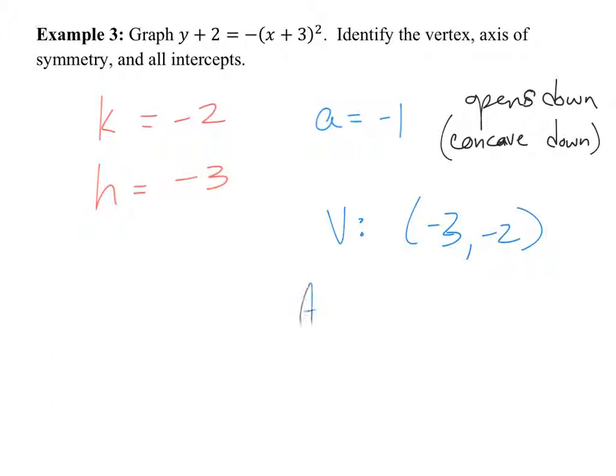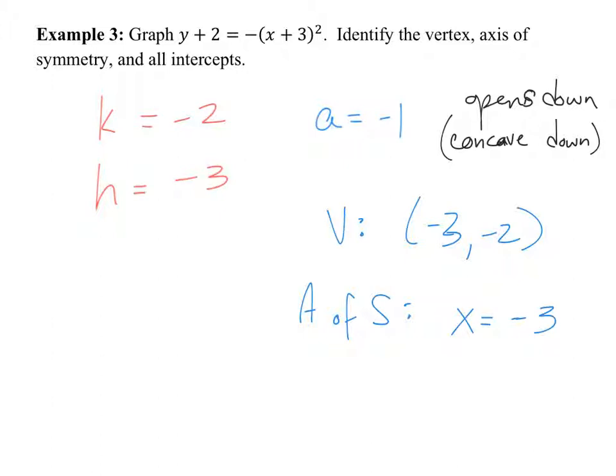How do I get the axis of symmetry? What does the axis of symmetry always go through? It always goes through H, or the vertex, right? We'll say it always goes through the vertex, and it's always H. So it's x equals -3. The axis of symmetry is x equals -3. It always goes through the vertex.